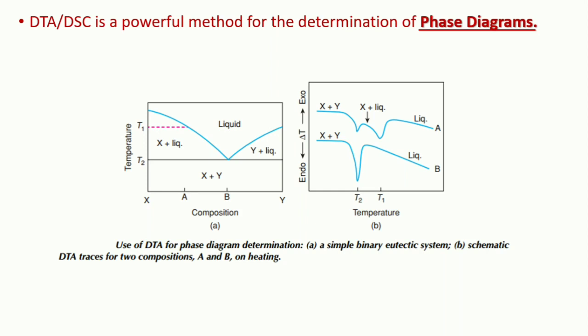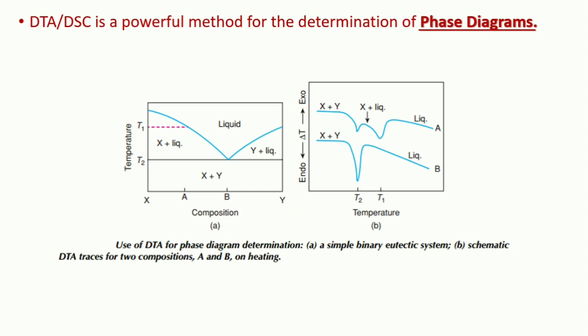Composition B corresponds to the eutectic composition. On heating, this transforms completely to liquid at eutectic temperature T2 and gives a single large endotherm peaking at T2 on DTA.